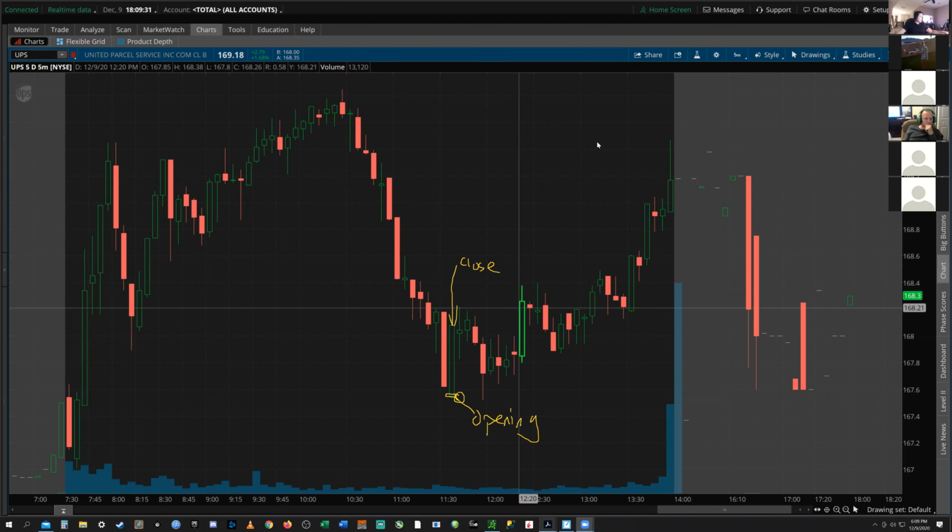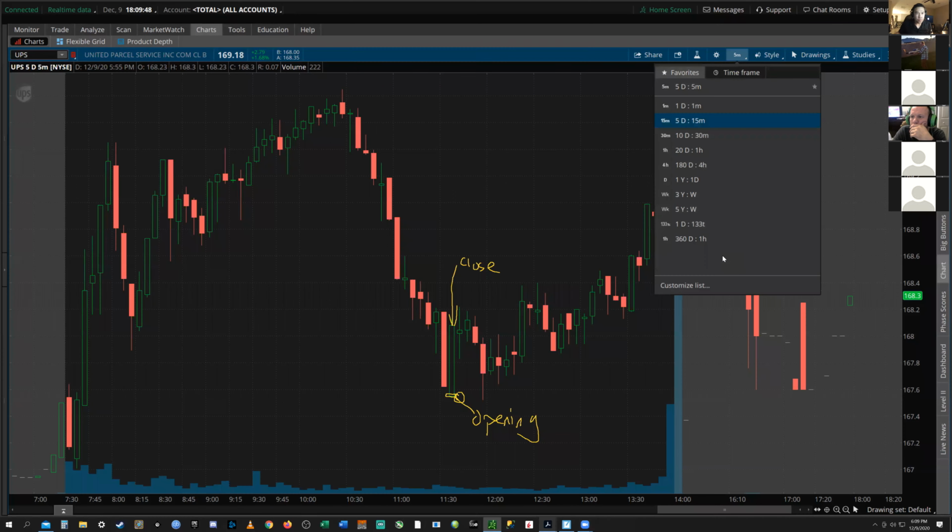The first thing is when you look at your candlesticks, over here this says 5M. My drop-down menu is a little bit different, but on all the broker trading stations it's similar, something that may say 5M, 1M, 15M, H, D, WK.